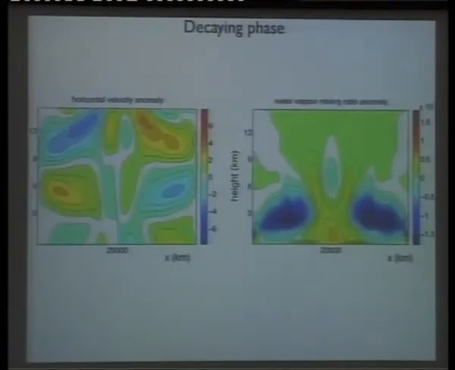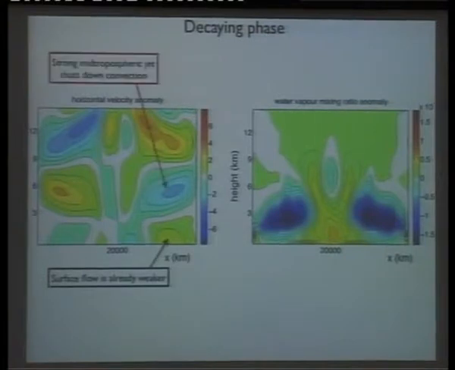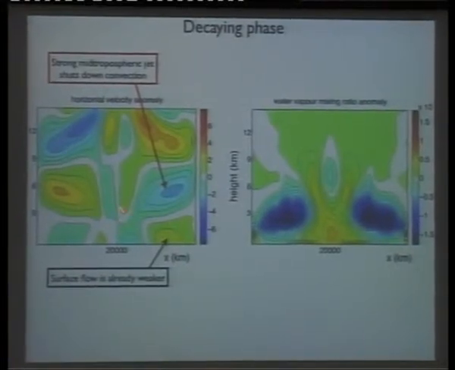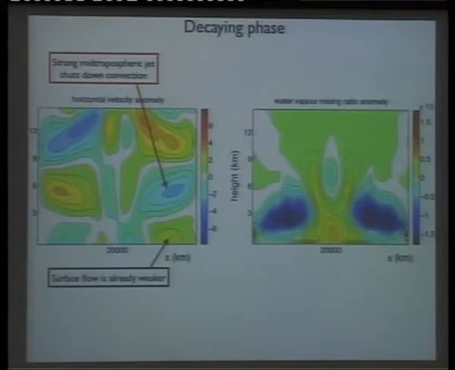Okay. And so now in the decaying phase, what we see is that the circulation weakens. The most interesting signature of the decaying phase is that, 5 days after the peak circulation, we see this very strong strengthening of the jet. So we have this airflow between 4 and 6 kilometers, basically very strong airflow into the precipitation region.